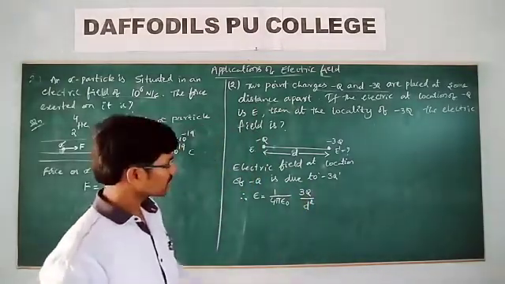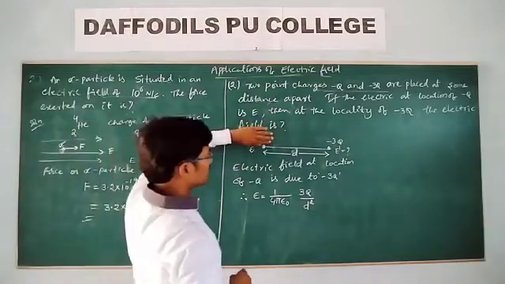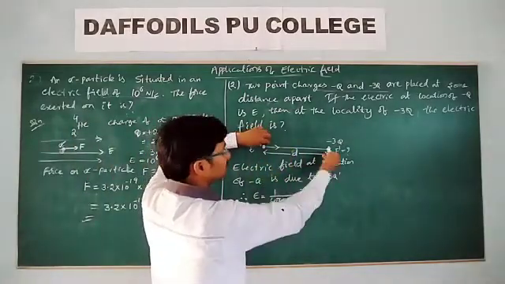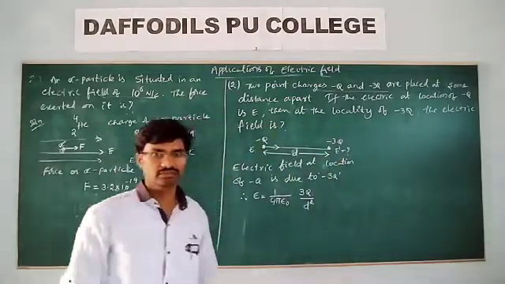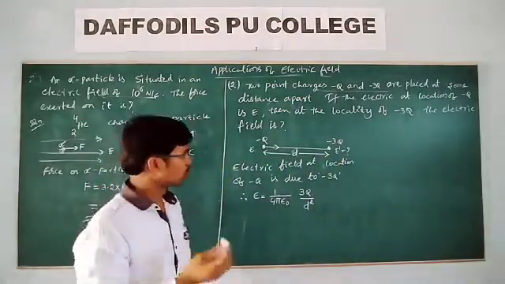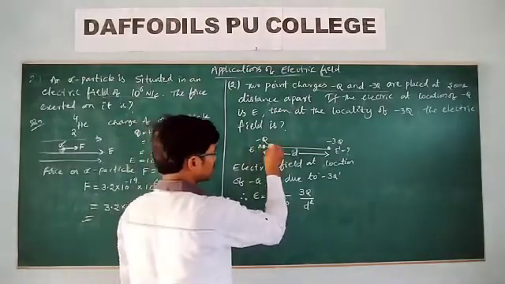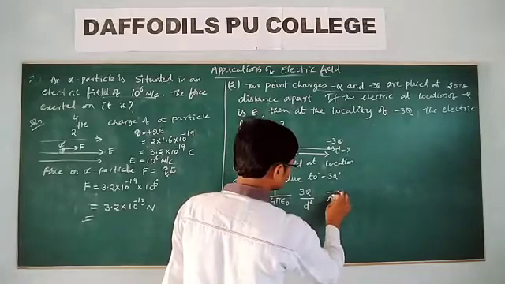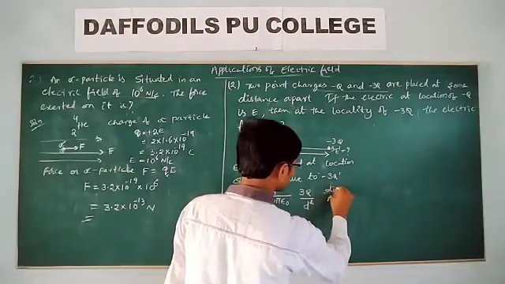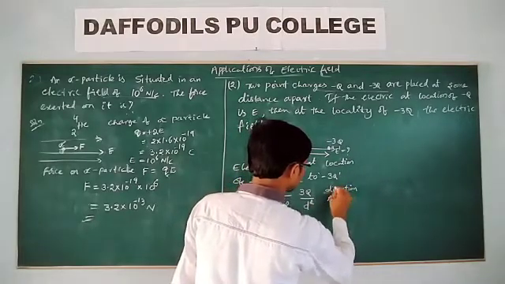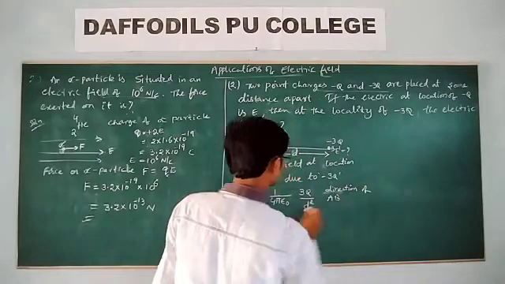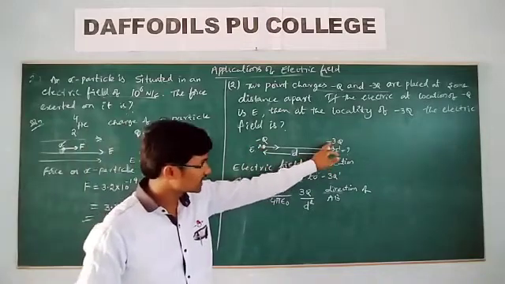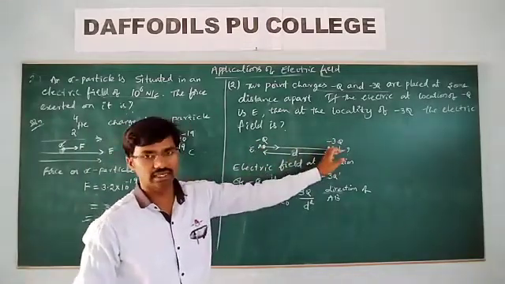Now tell me, at this point, as it is a negative charge, what is the direction of the electric field? Towards the negative charge. Let me take here A, B. So the direction is in the direction of A to B. As it is a negative charge, the electric field is towards this charge.